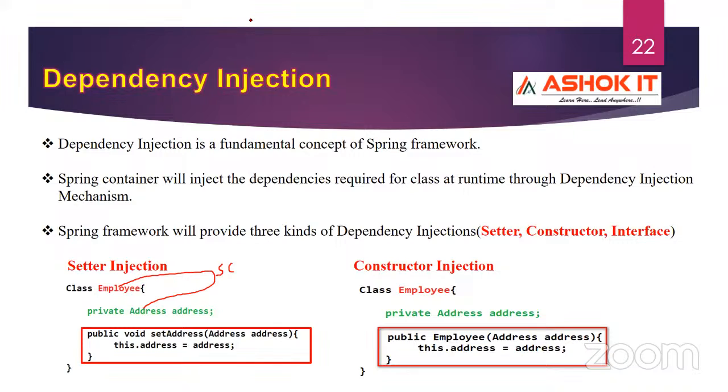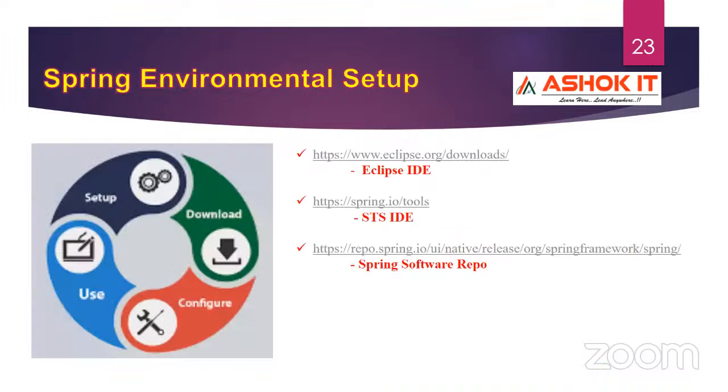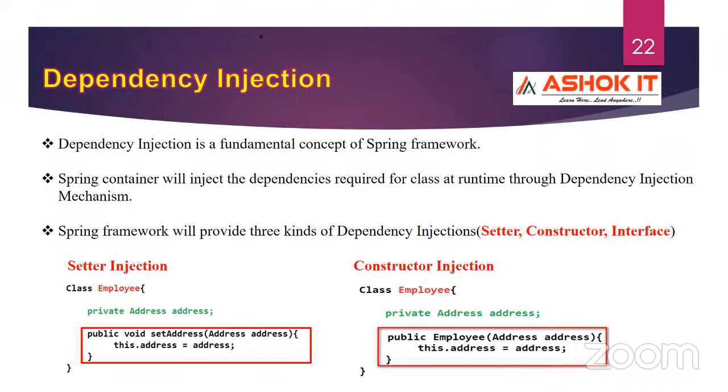Everything will be taken care of by the IOC container for me, so that my life becomes easy in project development, right or not? That is what we can achieve with the help of dependency injection, guys. So is everybody clear up to now?